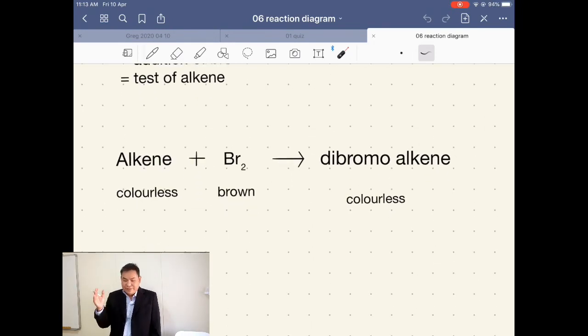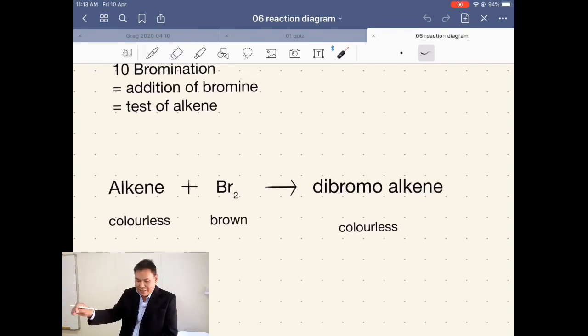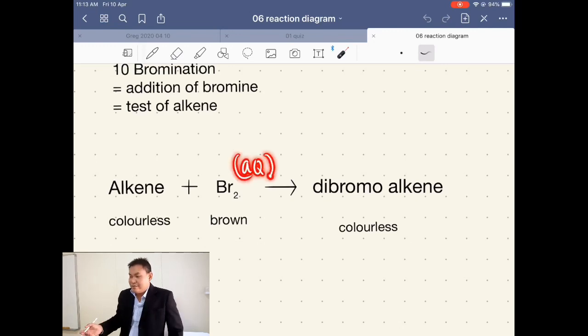People use this reaction to test whether you have alkene in the solution. How to do that? You add aqueous bromine, which is easy to keep because it's aqueous. Then you just pour a little bit. The bromine itself is brown.